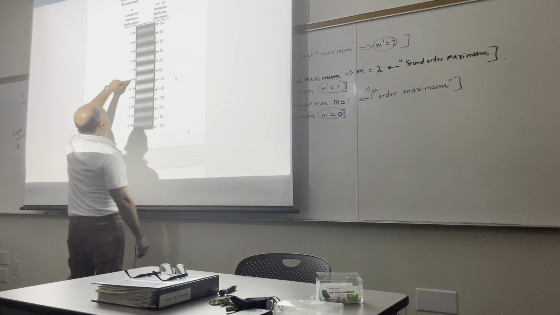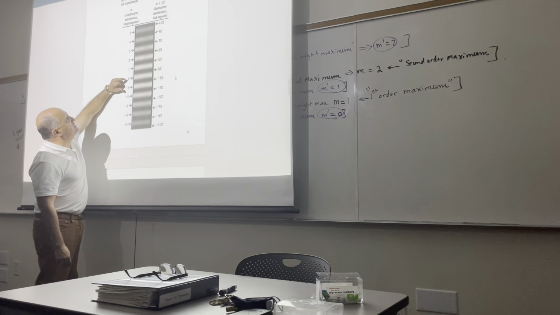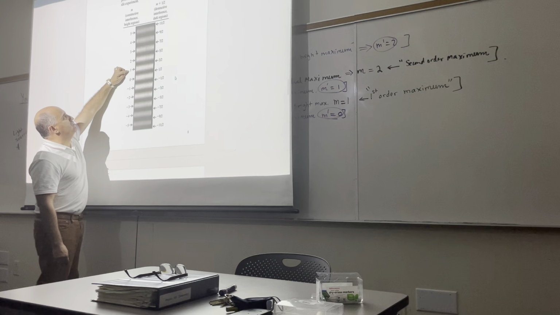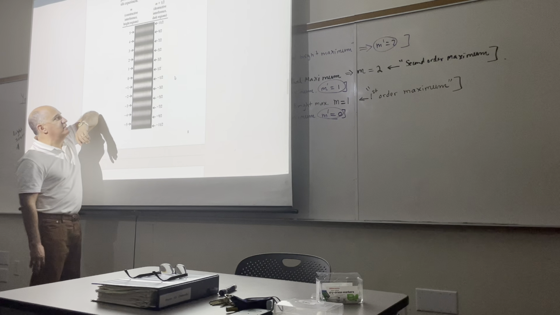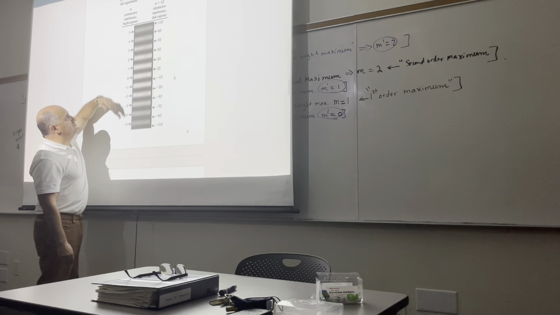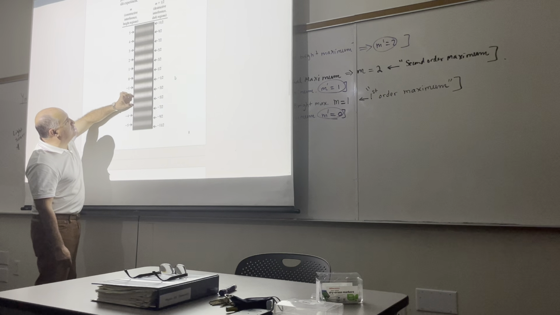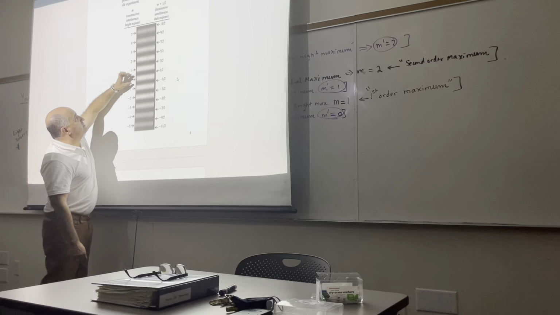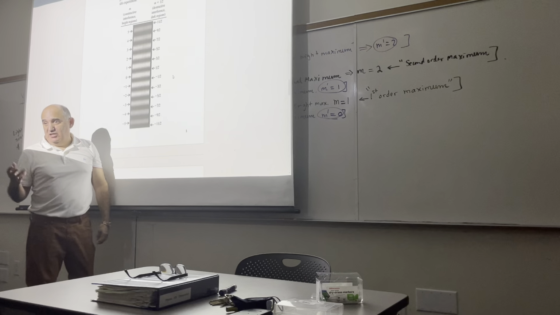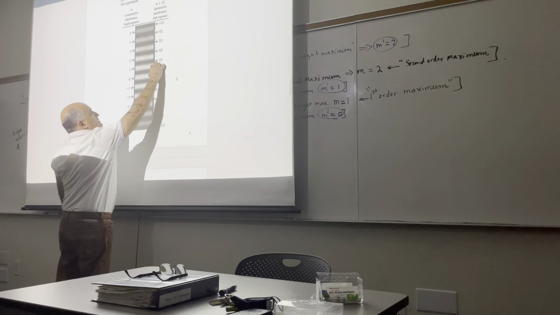So m equals 0 is the center bright maximum. That's this one right here. They call this m equals 1, m equals 2, 3, 4, 5, and then minus 1, minus 2, minus 3, but I don't use the minus signs. And notice that if you take any two adjacent bright spots, it's the same distance. And by the way, take any two adjacent dark spots, like those. That's the same as any two bright.